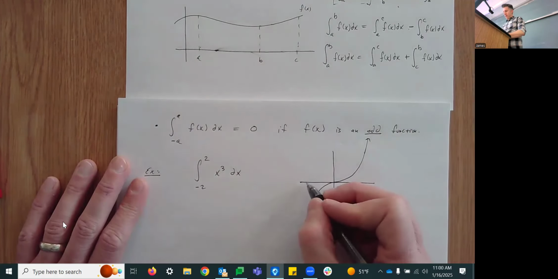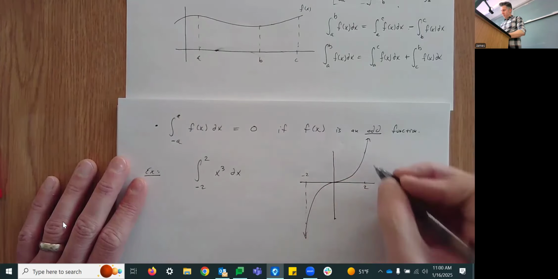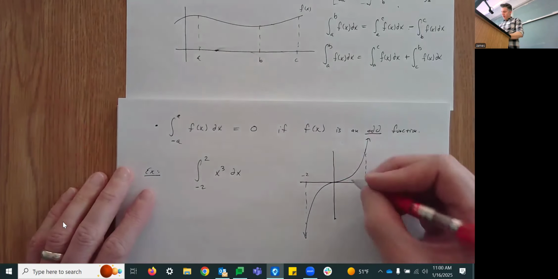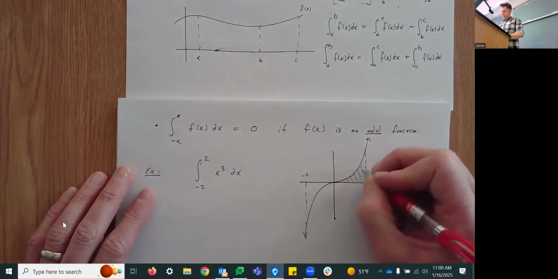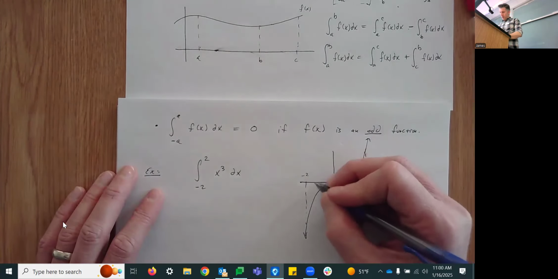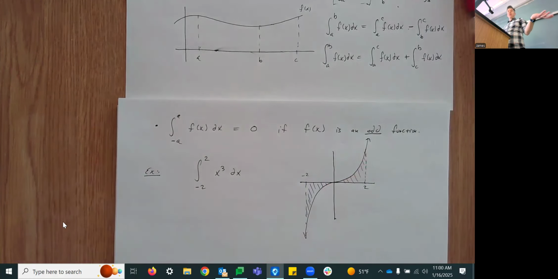If you start at negative 2 and end at positive 2, you can hopefully see, bearing in mind my graph is not perfect, that this positive area over here is exactly the same amount as this negative area over here. When you add them together, it adds up to 0, because area above the x-axis is counted as positive, and area below the x-axis is counted as negative.